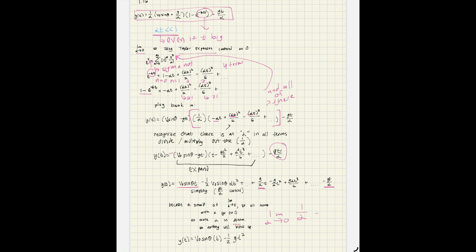But we cross out all the gt over alpha terms, so there are none left. All the other terms except the 2 mentioned before have alphas, so as alpha goes to 0 they also go to 0, and we can take them out. Then we get that y of t equals v naught sine theta t minus 1/2 gt squared. Yay!